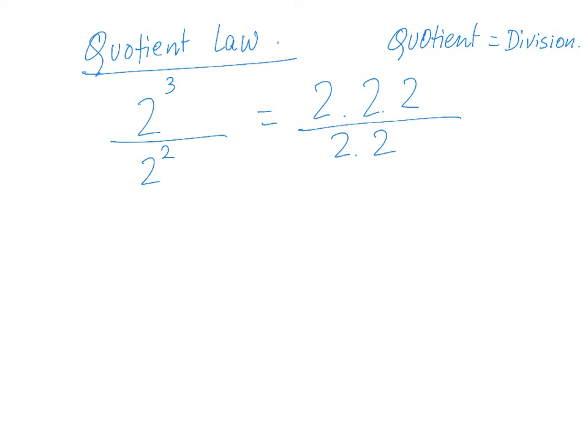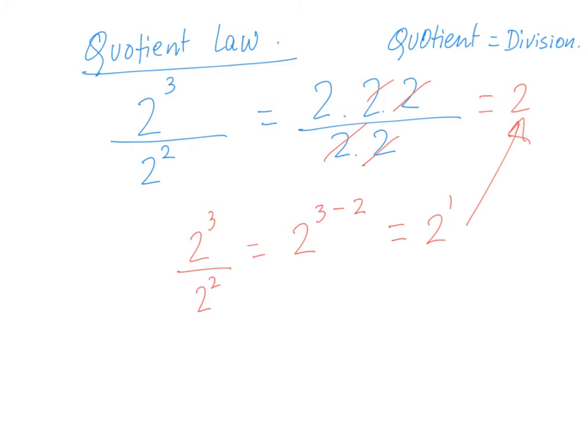And remember the idea I showed previously that you can always cancel if you see the same number in the numerator and denominator. So what are we left with? Just one of the twos. So in the quotient rule, if you see an exponent, you subtract the two values and you'll get the final answer. We'll write all the rules in algebraic form once we are done.